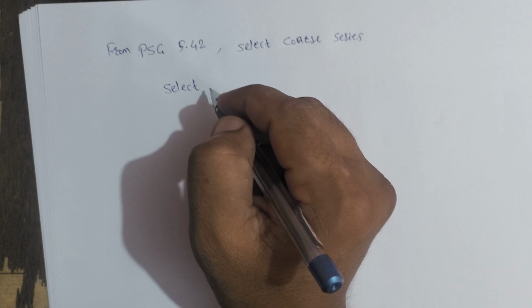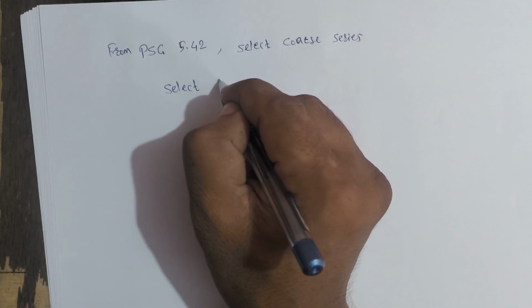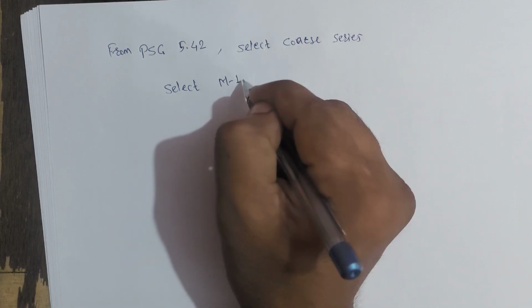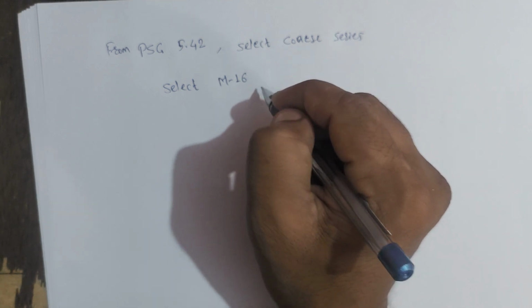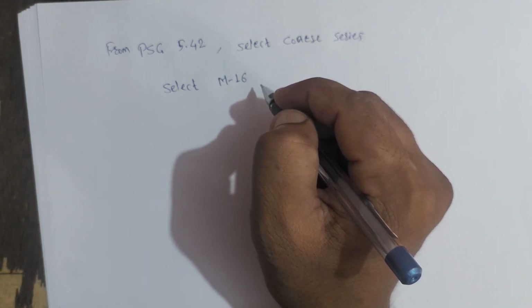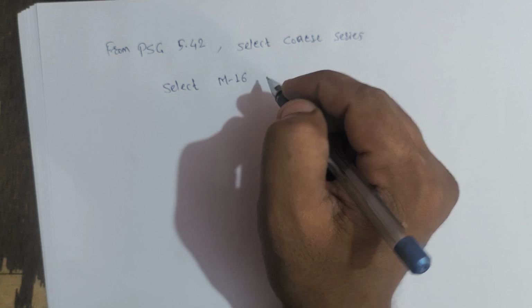So as per the core diameter, we will get that M16 is a standard diameter which is available for this DC.